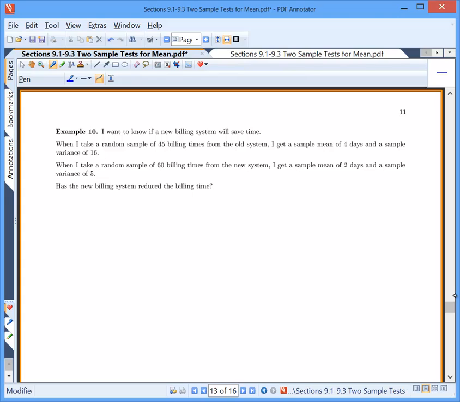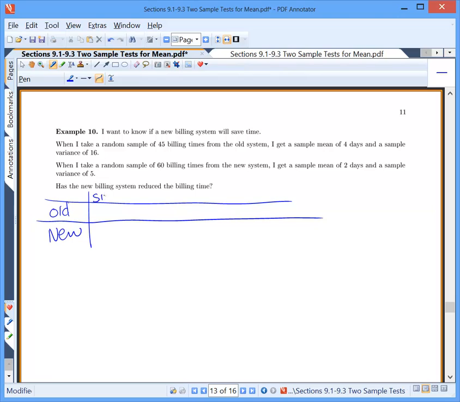So example 10, we want to see if a new billing system will save time. Let's draw our table again. So we need our size, our mean, and what else did it give me?